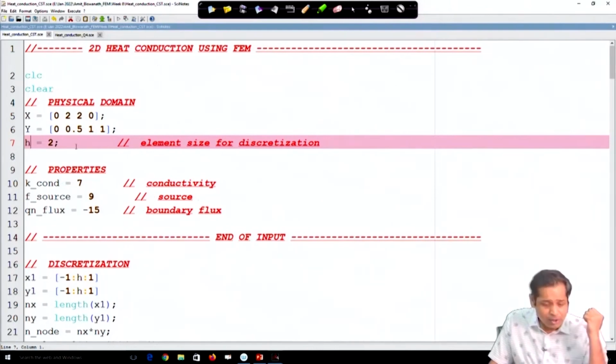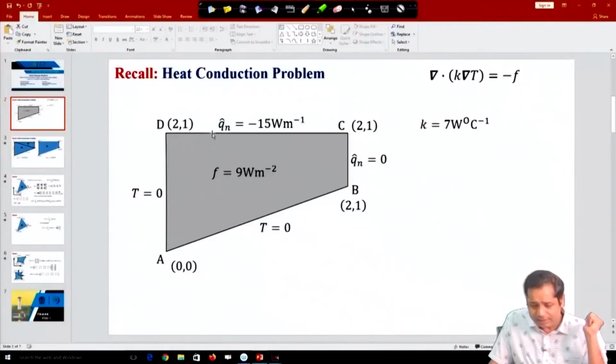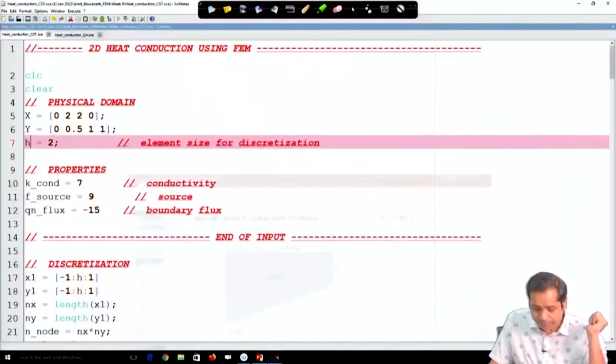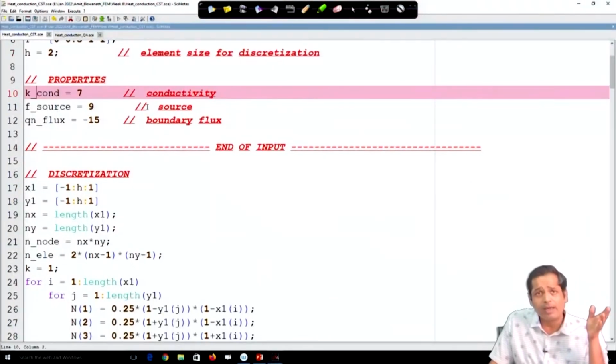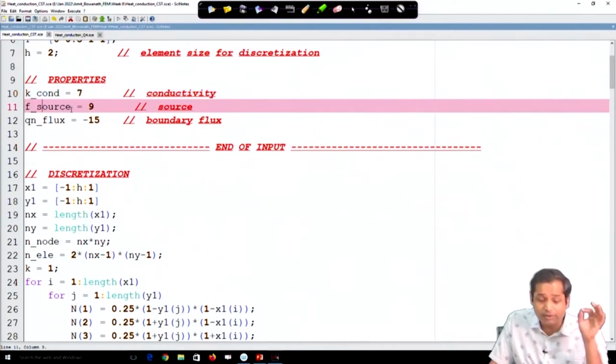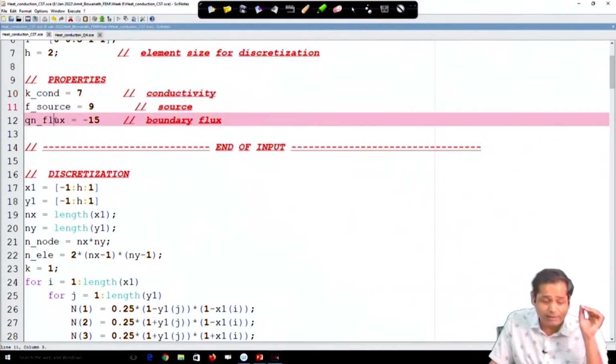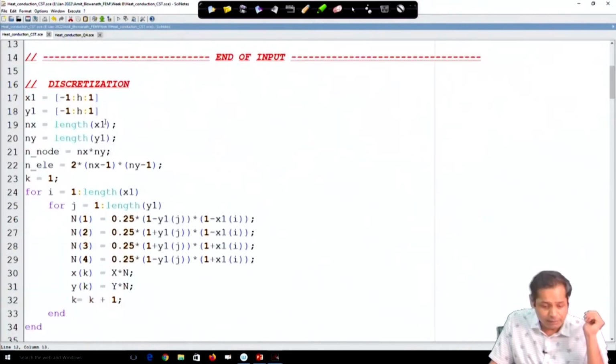In this case, h is the size in the x direction. Then, these are the properties we had. The conductivity is 7, the constant source term is 9, and the boundary flux term is 15. We can change these values.